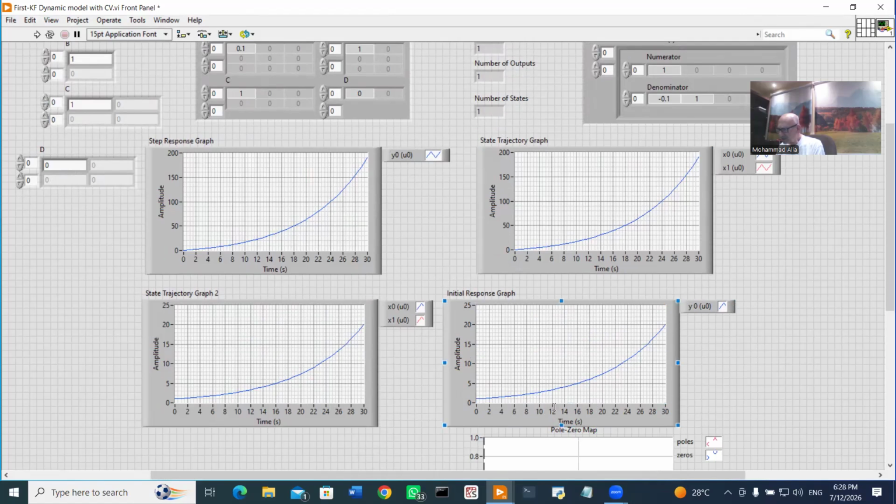And each element here is 12, 14, 15, 16, and so on. And as you see, this is the response of the state beginning from 1. This is 0, this is 5, this is 1. This is the initial value.